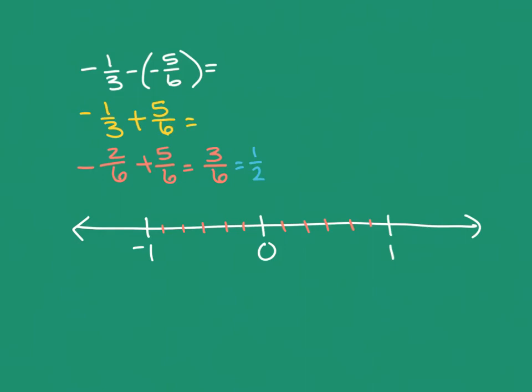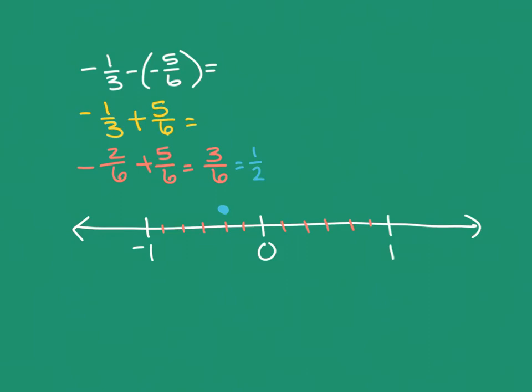So I'm going to go ahead and start at this negative 2 out of 6. So I'm going negative from 0. I'm going negative 2 of those 6 broken pieces, and I'm going to mark it there. That is my starting point. To that, I'm going to add 5/6, going in the positive direction that way.